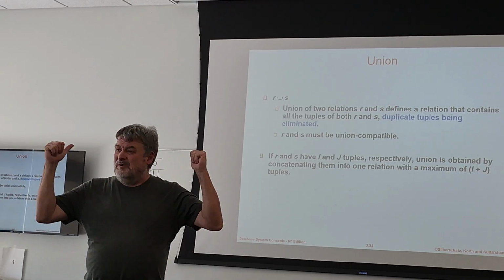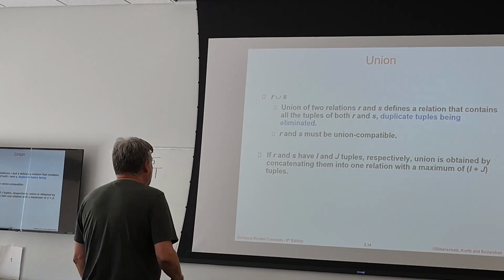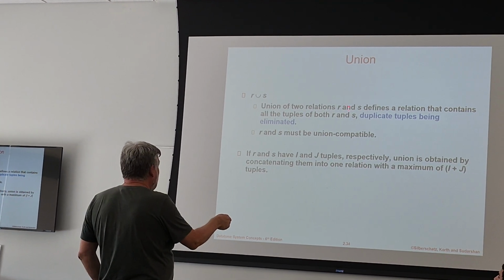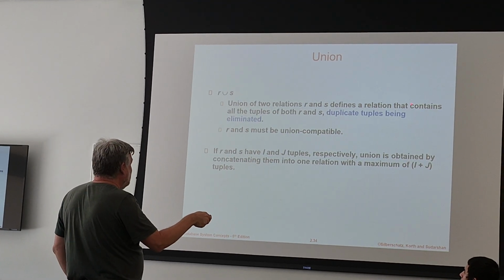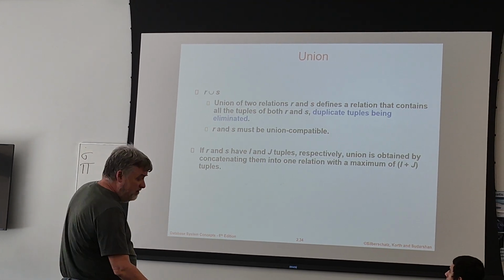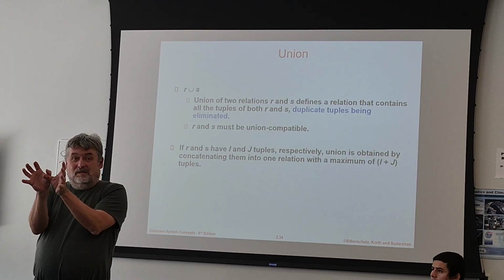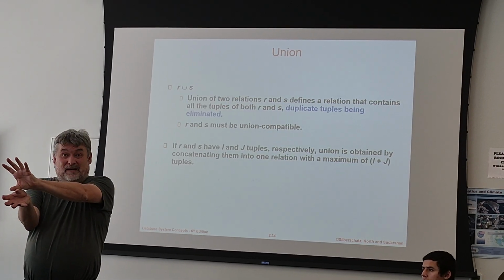In joins, I'm not talking about join here, I'm talking about union. It's saying, I take these two tables, R and S, and it ends up giving me a new table that contains all of the rows from both R and S. I don't think this is a horizontal concatenation happening. This is vertical concatenation.